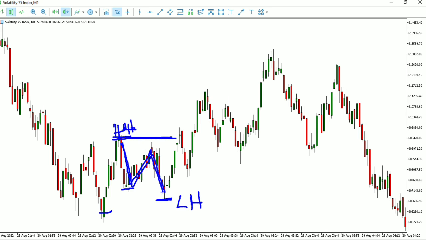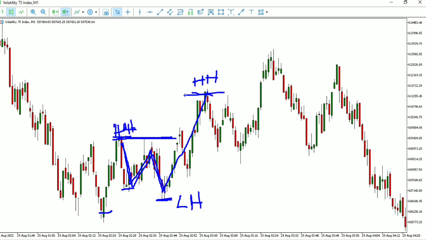And then you see the market pushes up to this point, and now this is our new higher high, right? Remember, our new higher high needs to be above this higher high right there.